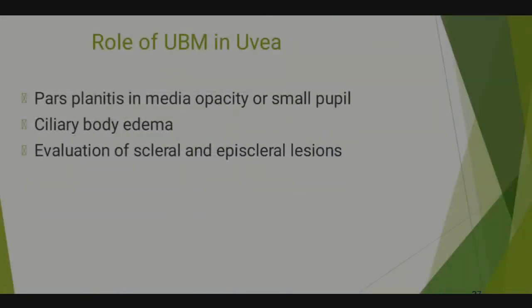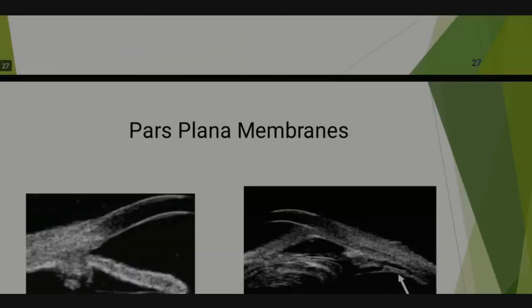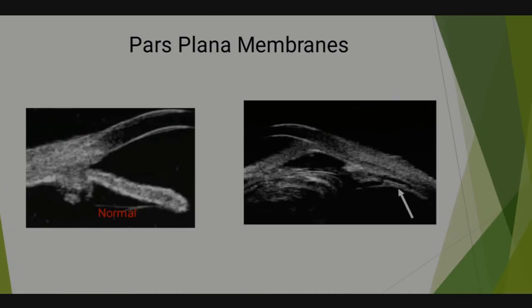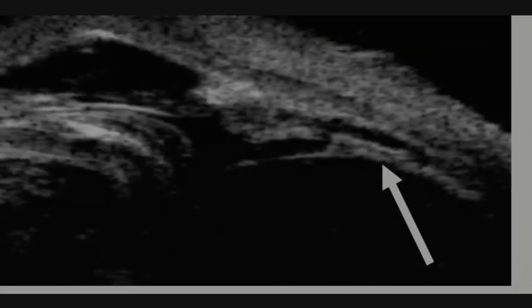Next, we'll go to UBM in uveitic cases. I told you before, right? When the infection is active, they will ask for UBM to see whether any membranes or tumors are there which are causing the inflammation. Here you can see the membranes.